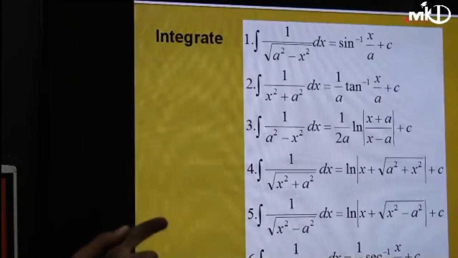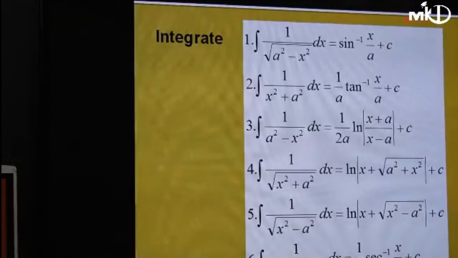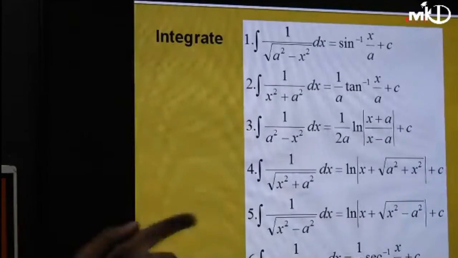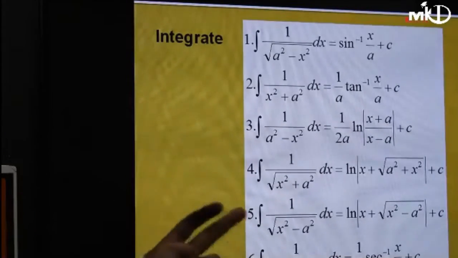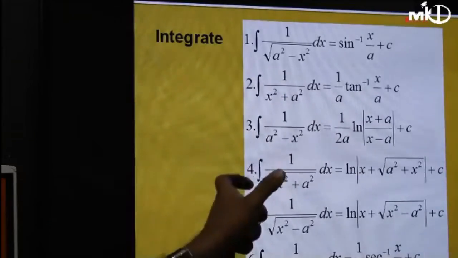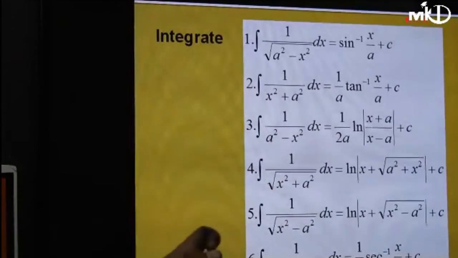Similarly, the fourth one is x square plus a square square root. If you take x equal to a tan theta, then it will become 1 plus tan square theta, and 1 plus tan square theta we can replace by sec square theta. So our main target is to make these terms a simple, single term, and this is only possible if we take a proper substitution.